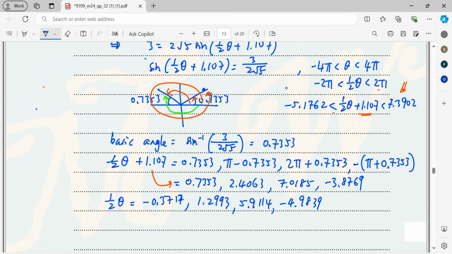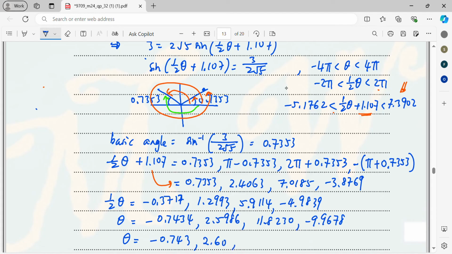And now to get theta, times 2 to all the values, so you will get negative 0.7434, 2.5986, 11.8230, and negative 9.9678. So our answer correct to three significant figures is negative 0.743, 2.60, 11.8, and negative 9.97. So these are the solutions of theta.